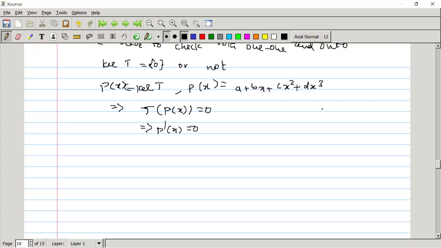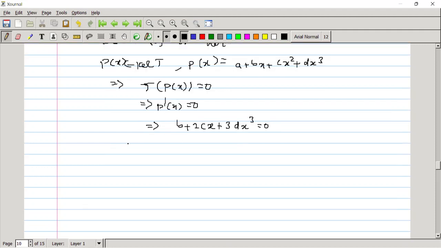So from this you can say p'(x) equals 0 implies the derivative, which is b plus 2cx plus 3dx², equals 0. So by comparing the constant term and the coefficients of x and x², we get b equals 0, c equals 0 and d equals 0, but we don't get anything about a.